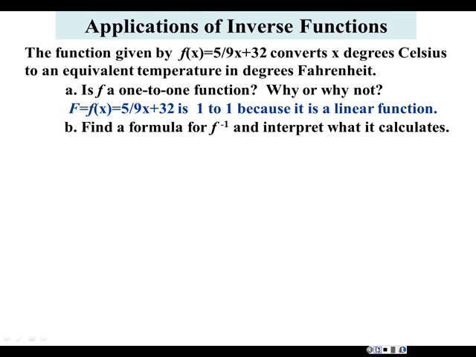So the original function is a converter from degrees Celsius to degrees Fahrenheit. The inverse function is the converter the other way. Just think about why there is an inverse function, or why this is a one-to-one function: every single temperature in degrees Celsius has exactly one equivalent temperature in degrees Fahrenheit, or vice versa.